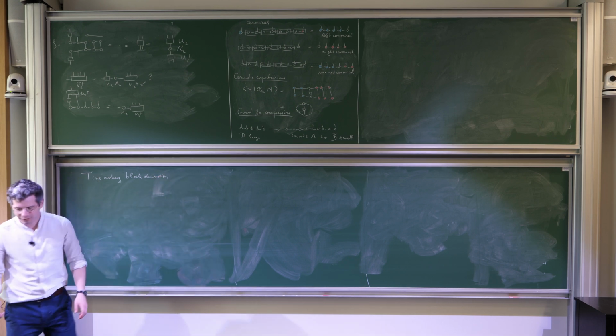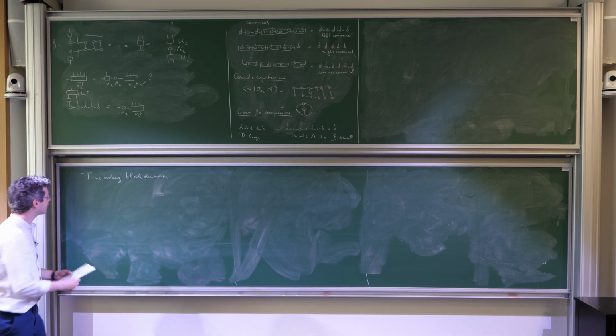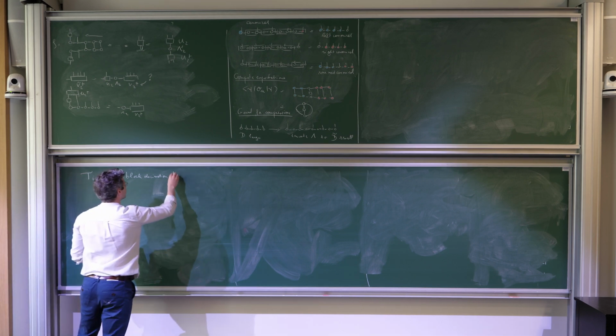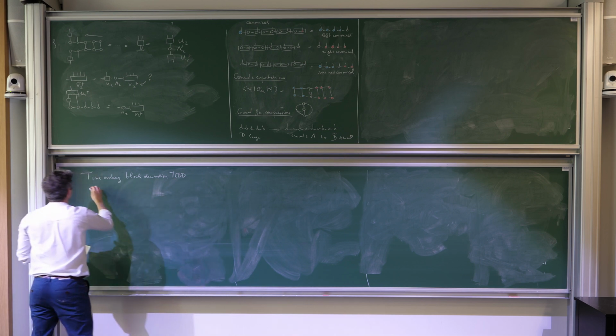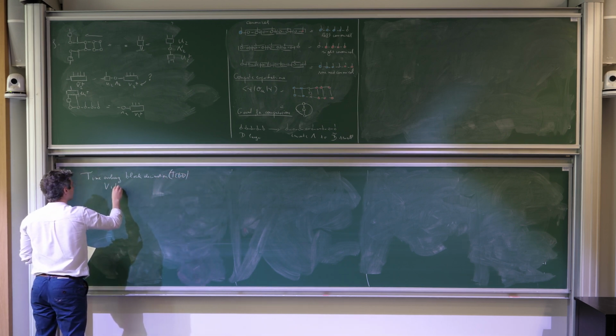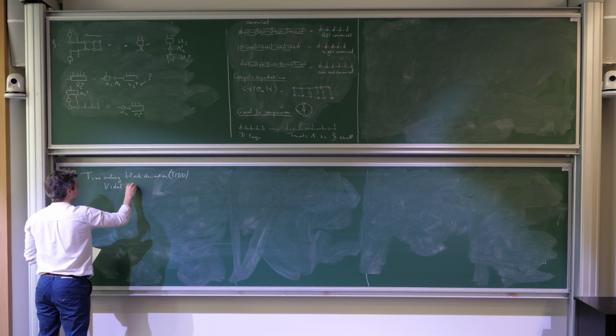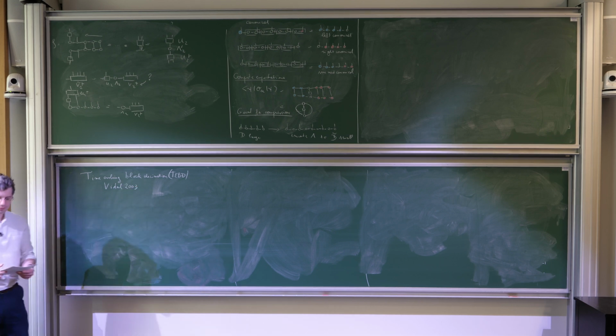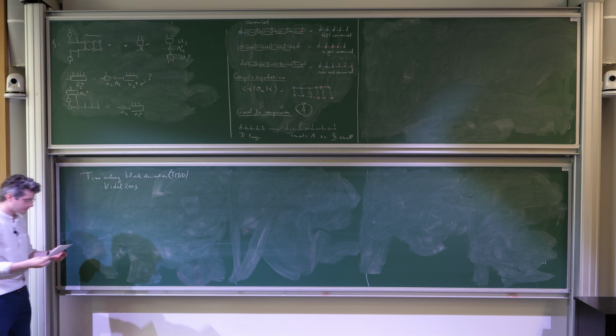It's an algorithm that was put forward by Guifré Vidal, sometimes called TBD, in 2003, so it's in a way a much more recent algorithm than the DMRG.